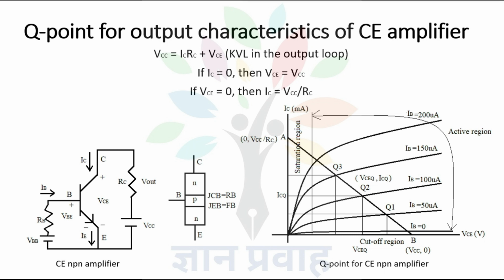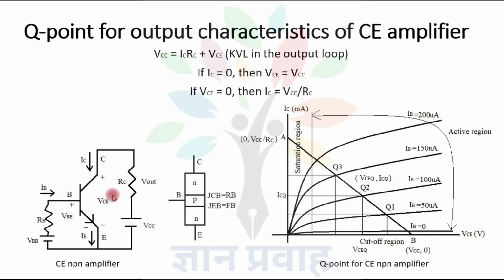Q point for the output characteristic of the common emitter amplifier. The common emitter NPN amplifier circuit is shown here, and for calculation of the Q point for the output characteristic, we must apply Kirchhoff's voltage law in the output loop.